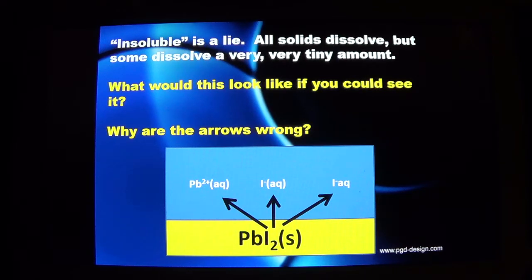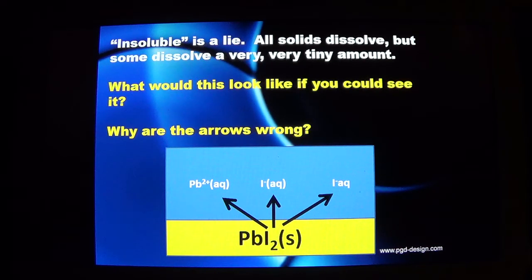Everything is soluble. All solids will dissolve. Now, there's truth in that they will all dissolve. Here's the catch. Some of them dissolve just a very, very tiny amount. So we're really not telling you what you have been noticing in your everyday life is wrong.